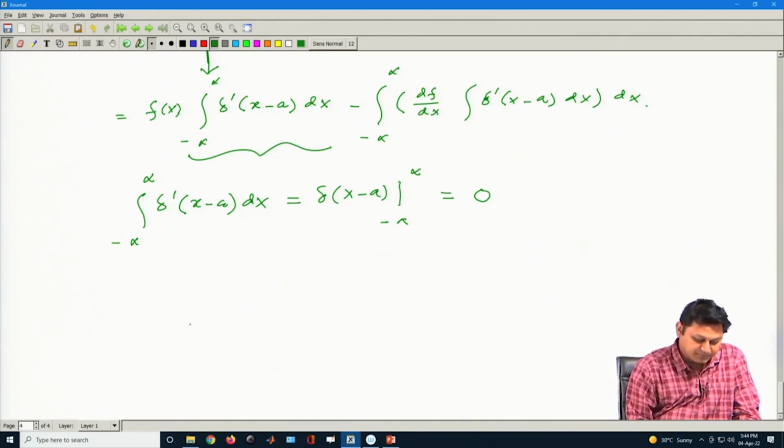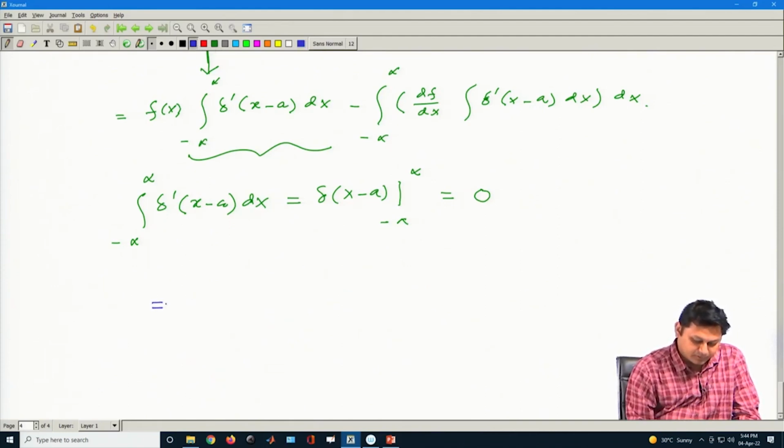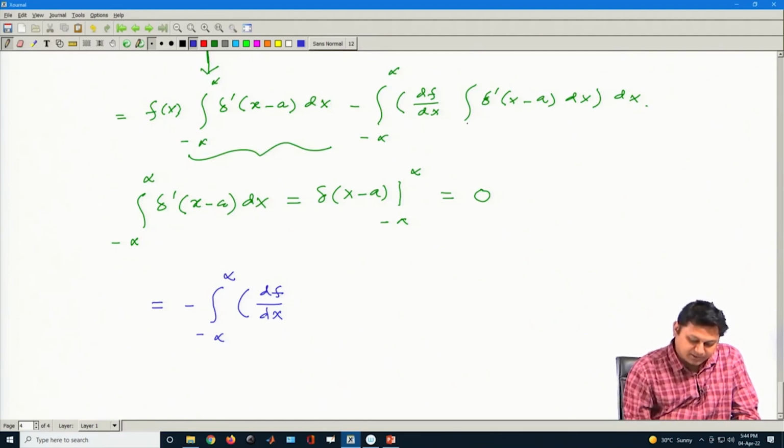What about the next term? It is minus the integral from minus infinity to infinity, and I thought that I should not do it, but I am doing it. I can give you other problems, no issue. The integration of this quantity is simply a delta function, and we have dx.